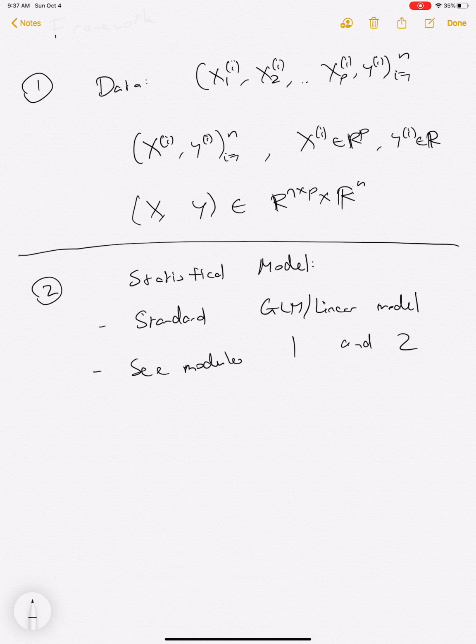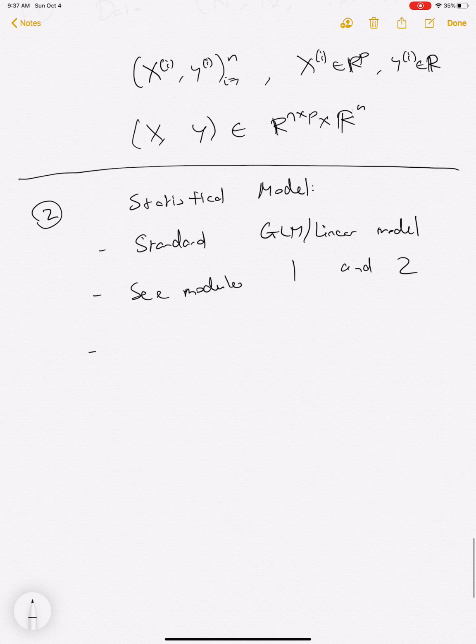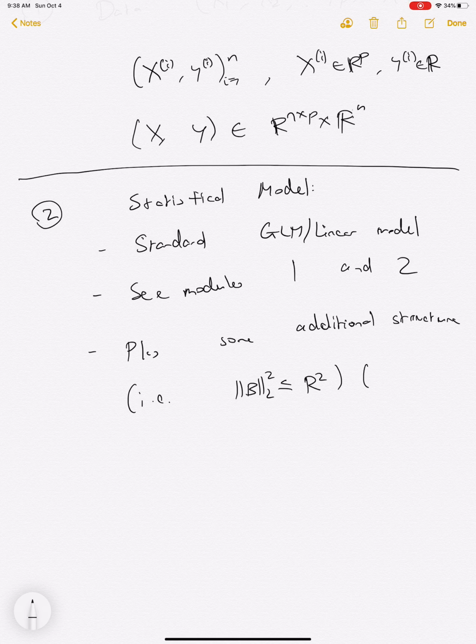And then I should mention that, plus some additional structure, i.e. we could have that the L2 norm of beta is small, like for ridge, which we'll talk about shortly, or the L1 norm of beta_0 is less than s, which is what we saw for the lasso.